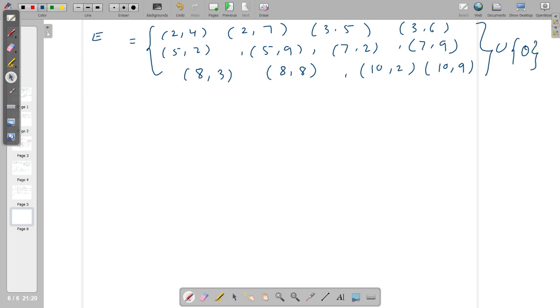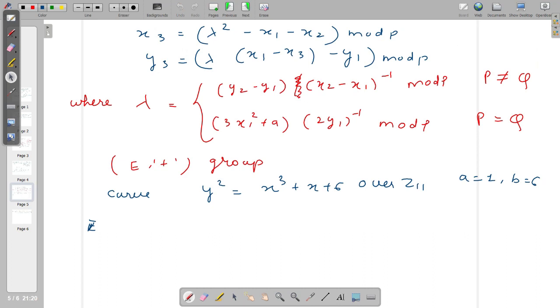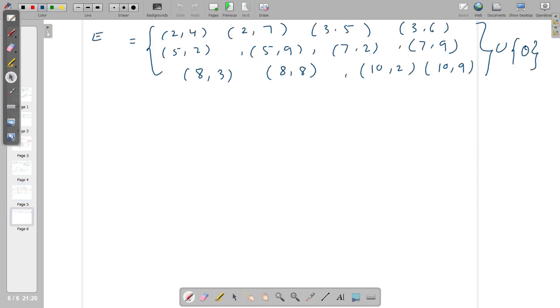So these are the points on the curve E, where the curve is y squared equal to x cubed plus x plus 6 over Z11. These points we have already found in the previous video.